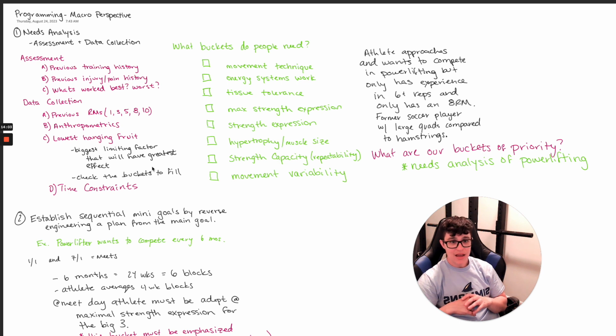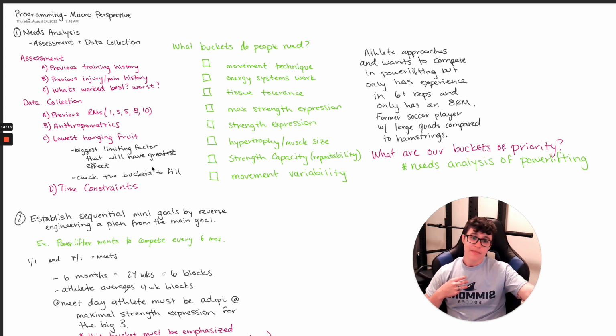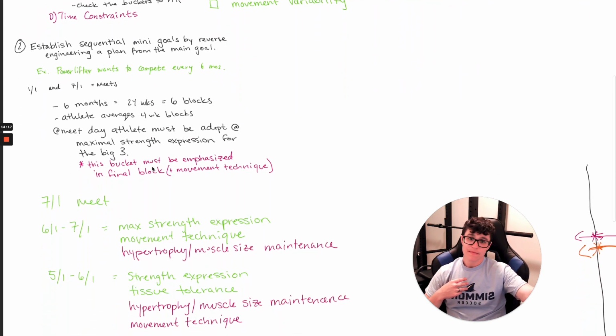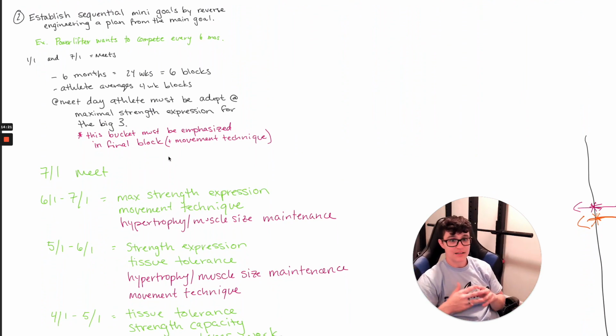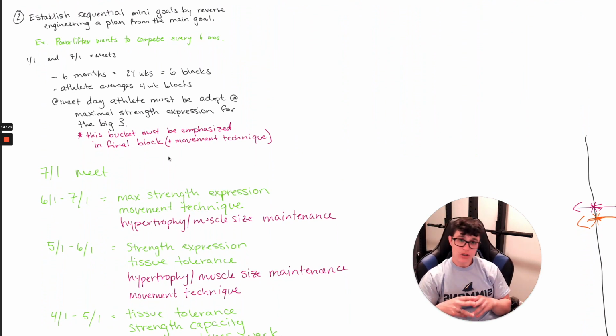On meet day, the athlete needs maximal strength expression in the squat, bench, and deadlift. This bucket must be emphasized in the final block. We also will prioritize movement technique in this block as well.